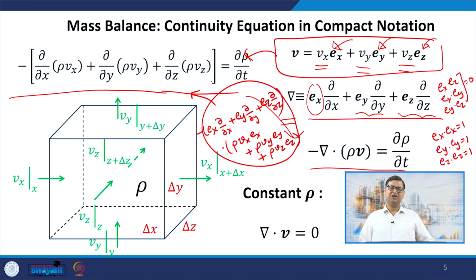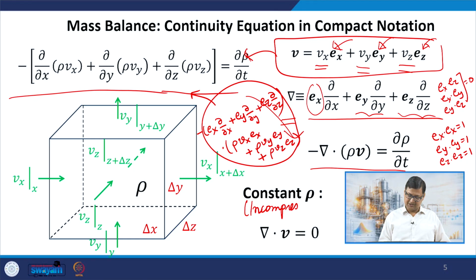So in compact notation, I can write minus del dot rho v, that is divergence of rho v, is equal to dou rho by dou t, that is the partial time derivative of the density. Now in most cases the density remains constant, and in that case we say it is an incompressible fluid, where the density is assumed to be constant.